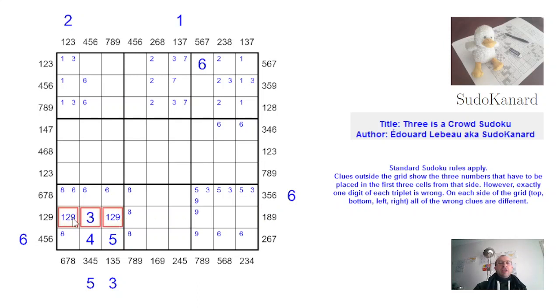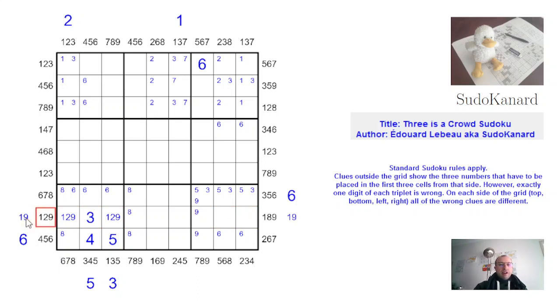So the digit here, which is a 1 or a 9, will have to be the liar on the other side. And the same happens the other way, meaning that if I tried to have both 1 and 9 correct in this area, then they both would have to be liars in this area, which cannot happen.